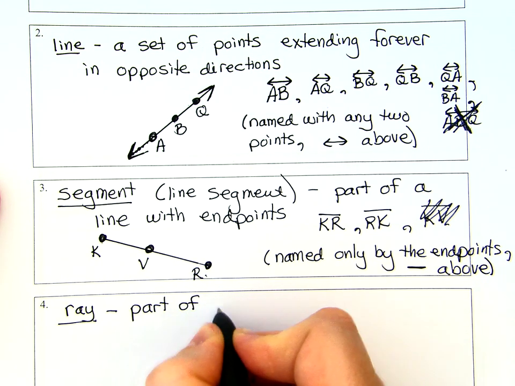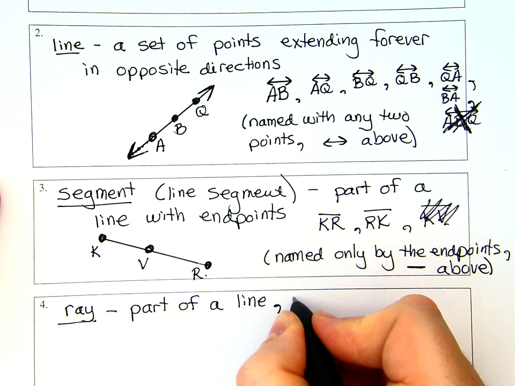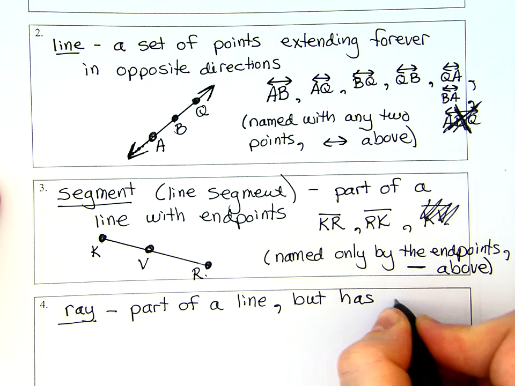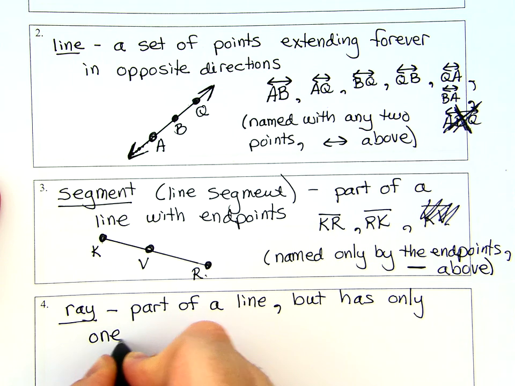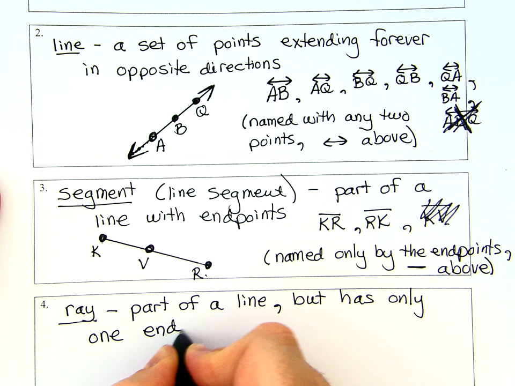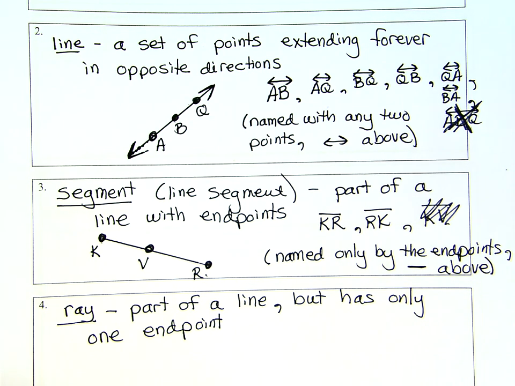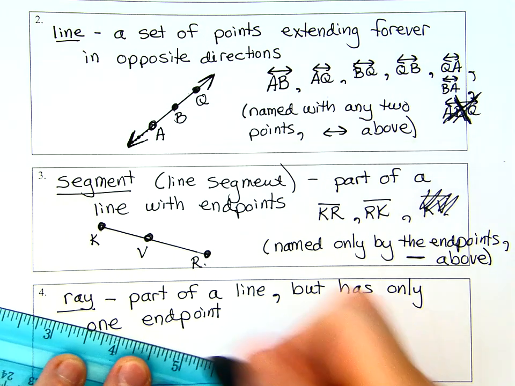A ray, we wrote this, right? A ray, part of a line, but has only one endpoint.